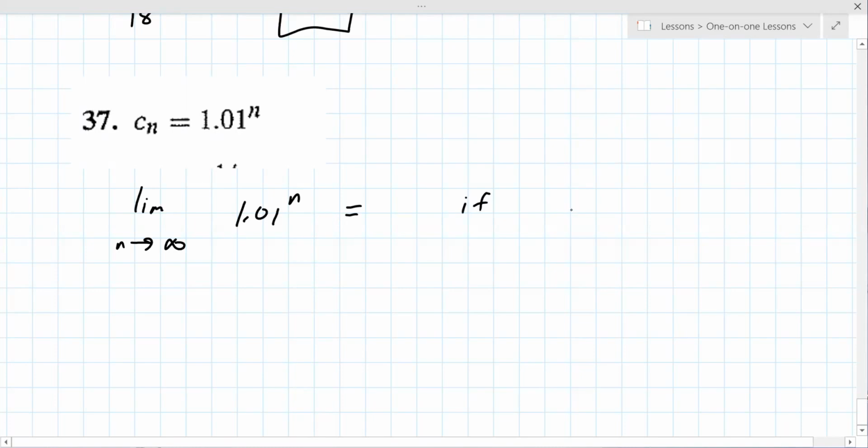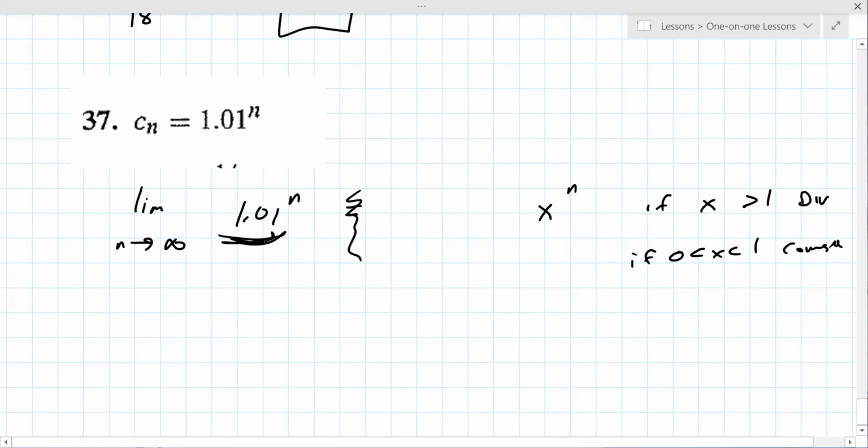If x is something to the power of n, if x is greater than 1, this diverges. If 0 is less than x less than 1, it converges.